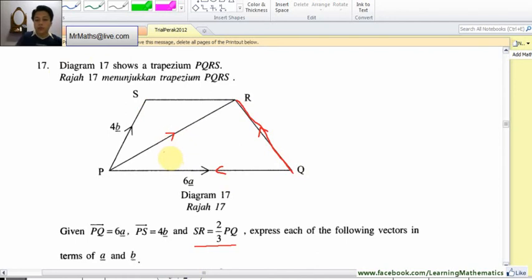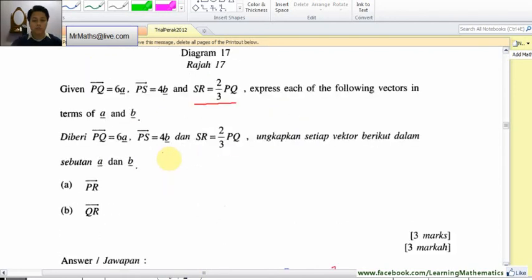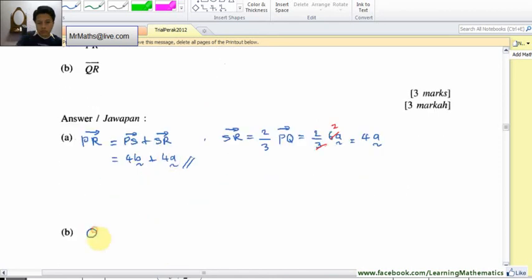So QP plus PR. QR is equal to QP plus PR. QP is minus PQ and PR is 4a plus 4b.